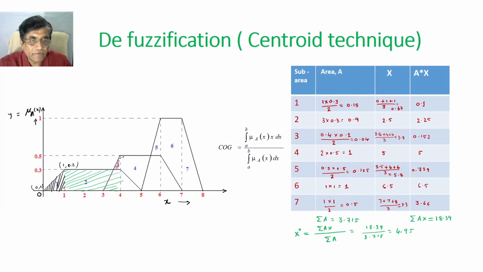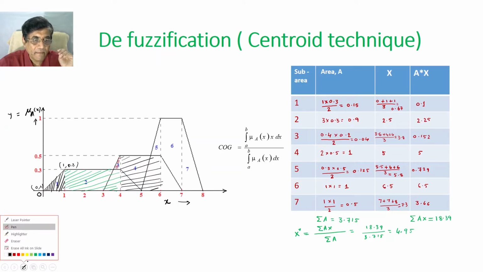So we'll have to be careful. 4, and then this is another triangle. So this is a rectangle.